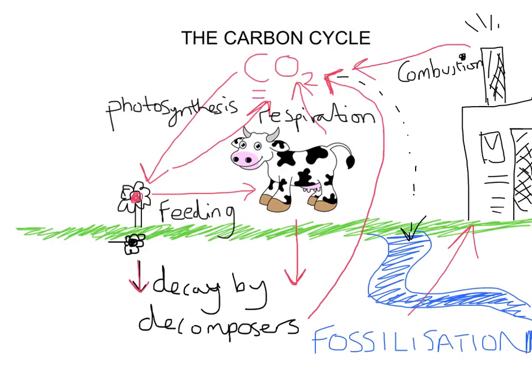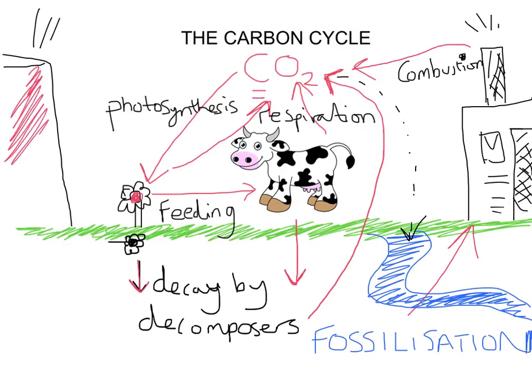And the final thing, which is perhaps the most random, and you don't often see this one, but we'll just put it in for completeness' sake. Volcanoes. So we're going to imagine there's a volcano in this picture.